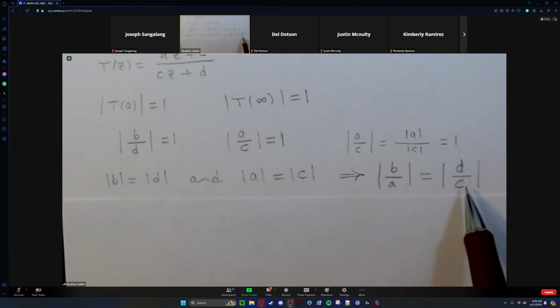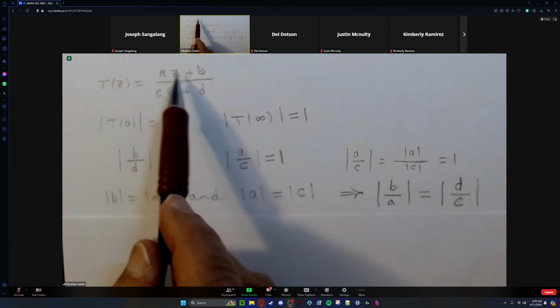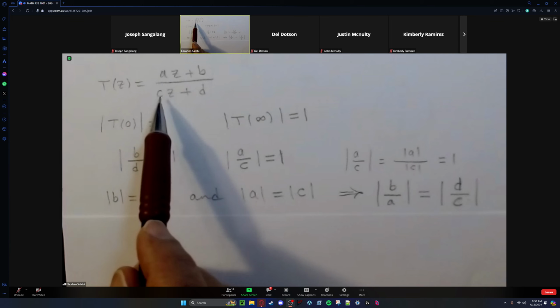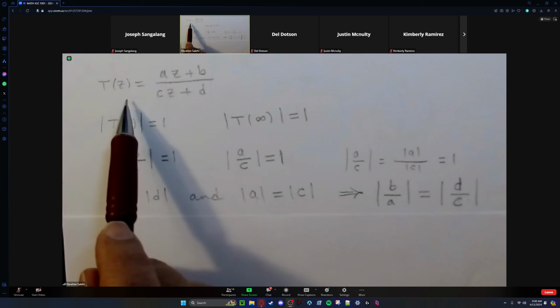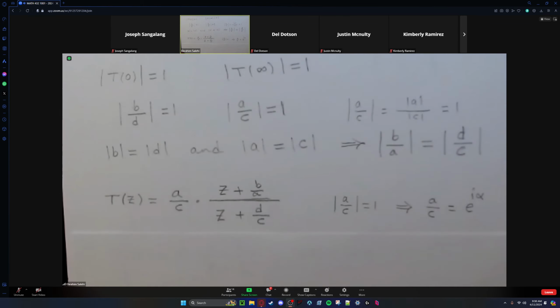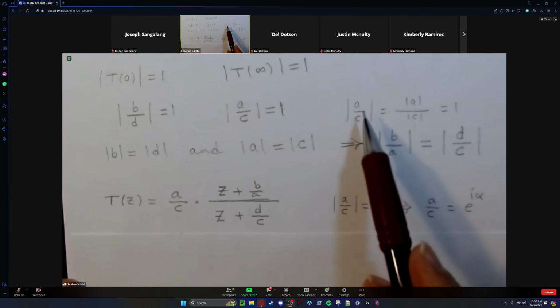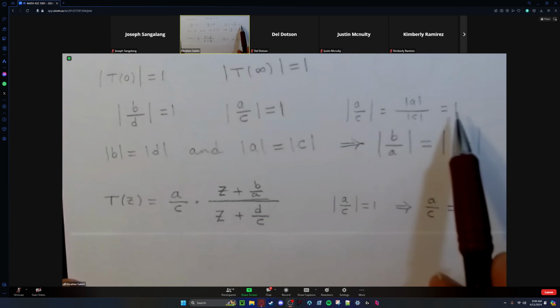So if I factor A from the numerator and C from the denominator, this is what I get. But I know the modulus of this is 1, based on the modulus of these two being 1. Also, I know that the modulus of A over C is 1.